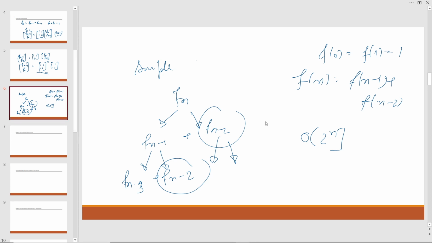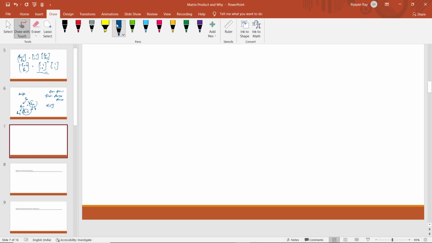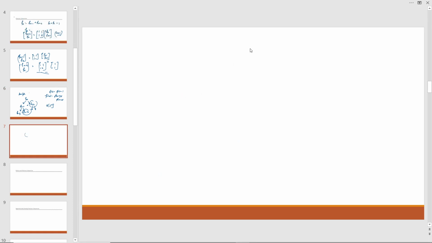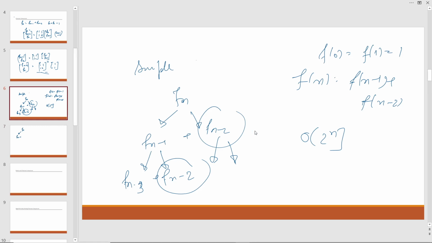So here we just store this f_{n-2}, and similarly for f_n. I hope that's clear. Even there the complexity gets reduced, and one might ask, what's the complexity there?